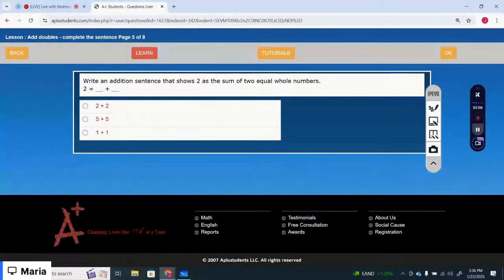That is 2 equals 1 plus 1. The last option is the correct option.